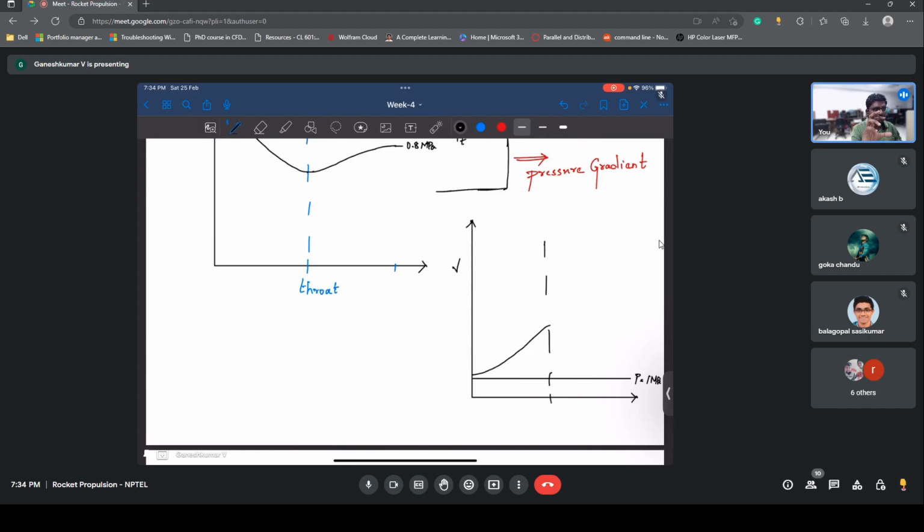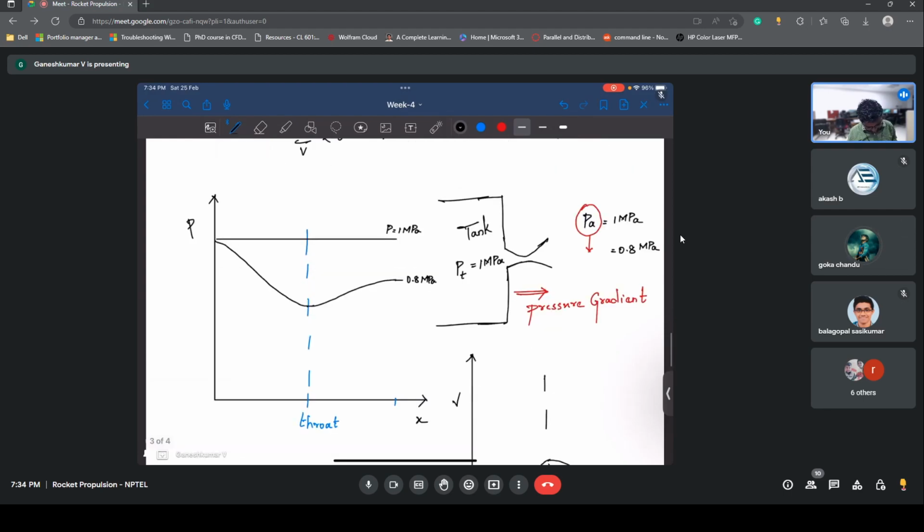At the throat it is going to be maximum, and then it goes out with some velocity, and the pressure here is going to be 0.8 megapascal. Remember, this is a velocity plot, and this is the pressure plot.